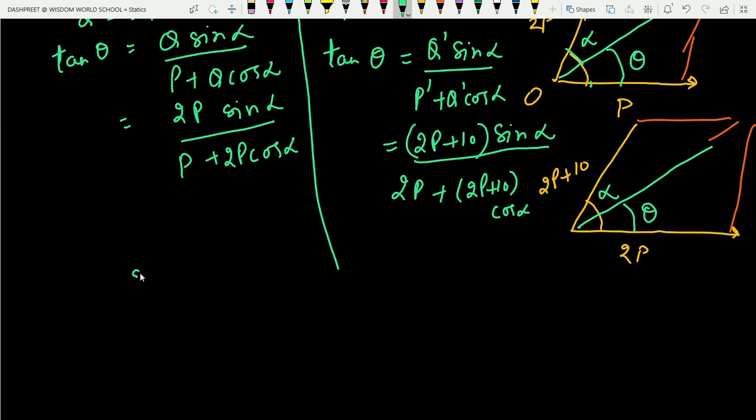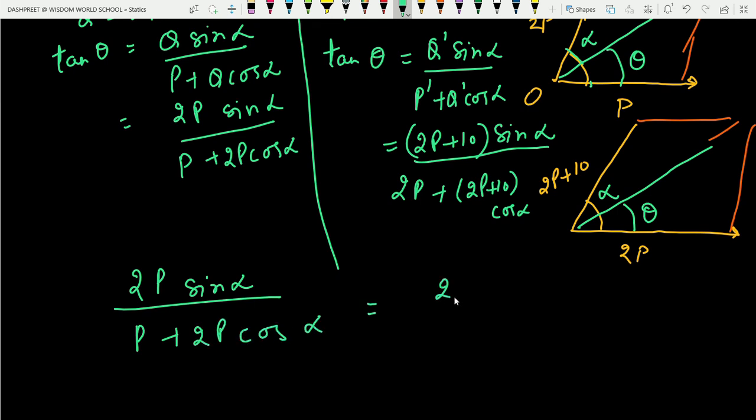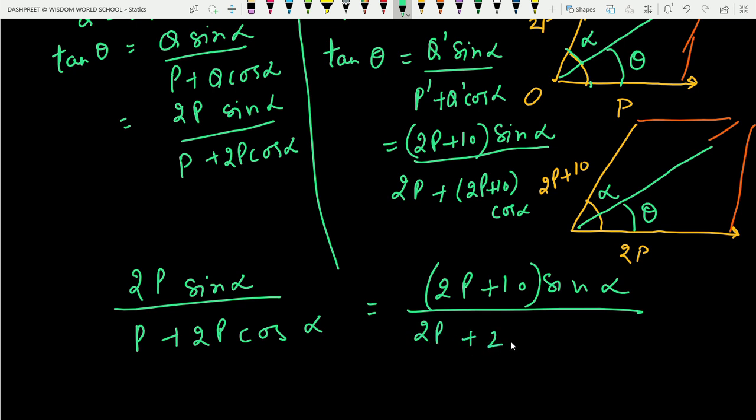By equating these two expressions, you get 2P sin alpha divided by P plus 2P cos alpha is equal to 2P plus 10 sin alpha divided by 2P plus 2P plus 10 cos alpha.